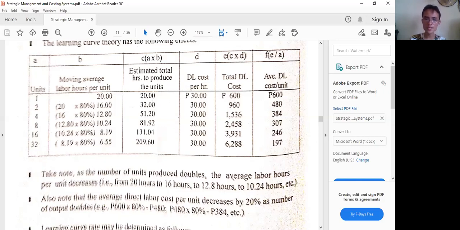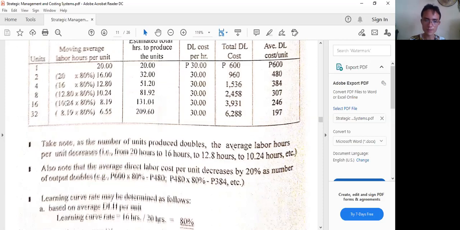And therefore, that's going to result in a decrease of 20%. So that is what I meant, right? Because the numerator here would be the unit times the direct labor cost, and then it doubles later on. We divide that by the average unit, which has also doubled. So the doubling is canceled. That's what my point is.